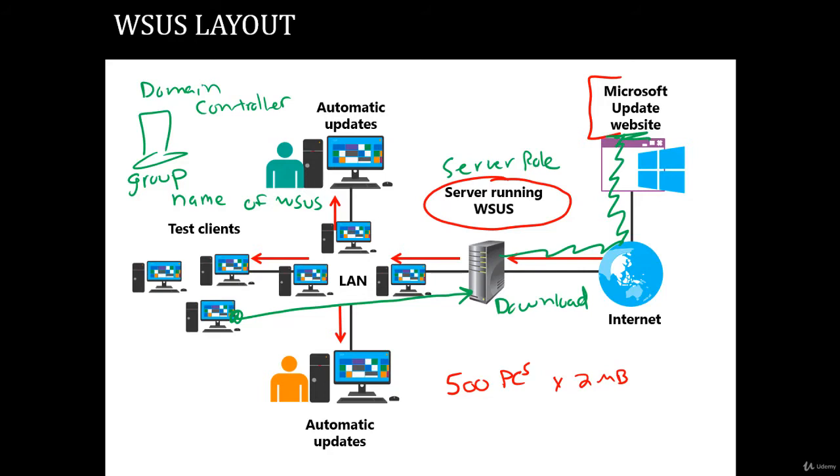So that's how clients are directed to the WSUS server itself. The other thing I can define in group policy is the schedule. So if I want these computers to download updates at noon, whatever time I want, all that is defined in group policy. Now, WSUS is not a difficult thing to configure, but it does require you to go to a few different places to get it fully set up.